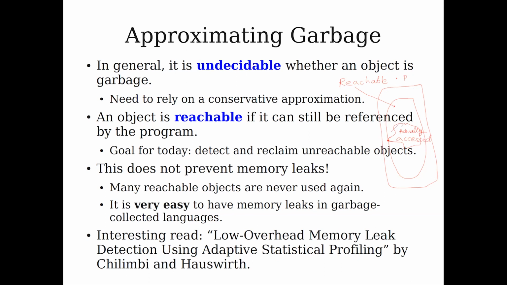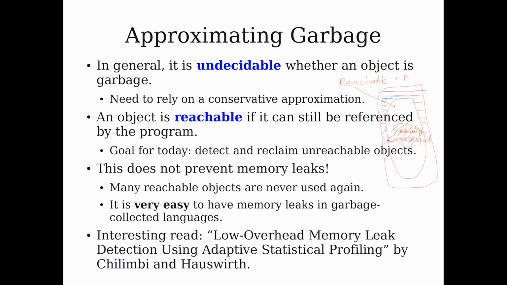This is the really useful part of your program, and all these things are garbage other than the shaded portion. However, because figuring out the shaded portion is undecidable, all garbage collectors assume only this part is garbage. So let me change the color.